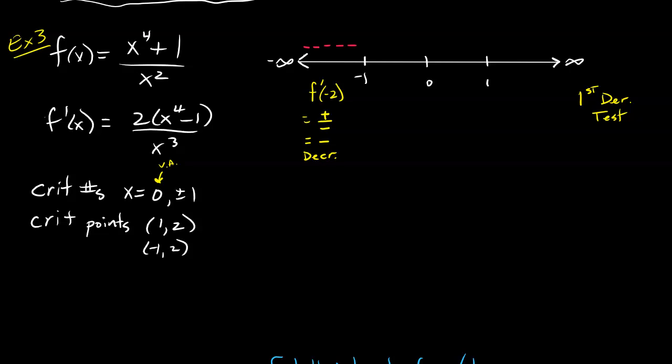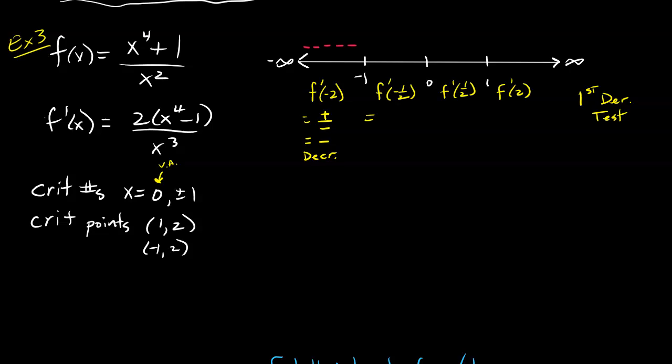And then I'm going to specifically just pick a number from each section. And this is where it usually goes horrible. Like when you have to pick like halves. But at least we only need to figure out if it's positive or negative. So if I plug negative half here, negative half to the fourth would be positive 1/16.